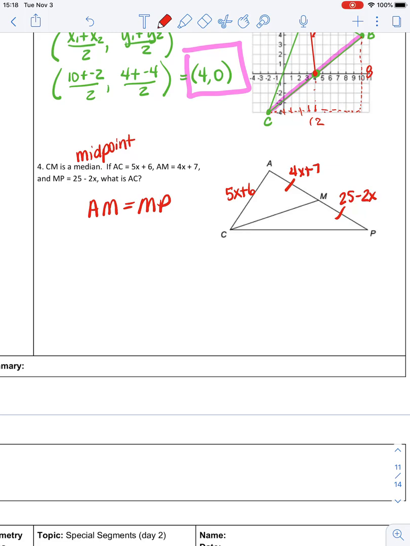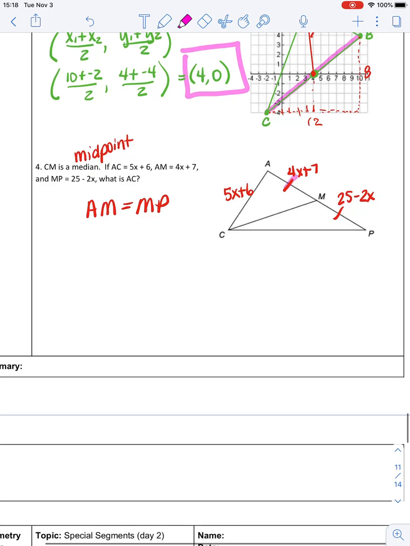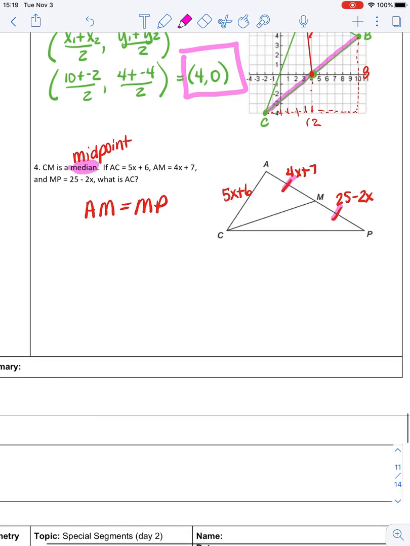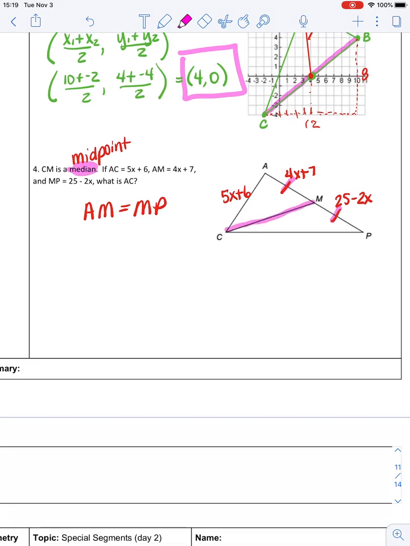Well, AC doesn't really have a lot to do with anything right now, but I will need it in a minute. What is important is that AM is congruent to MP because this line right here is the median. So it splits AP in half, which means that AM is equal to MP. So that means 4x plus 7 needs to equal 25 minus 2x, and I need to find the x value that allows that to happen.